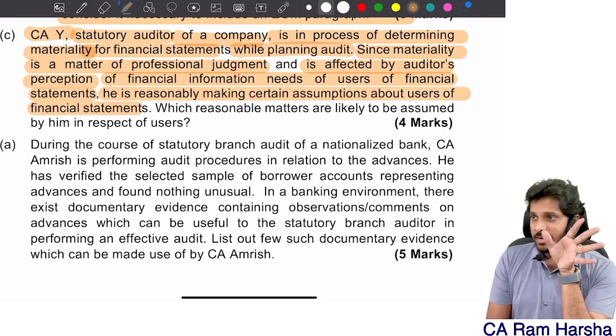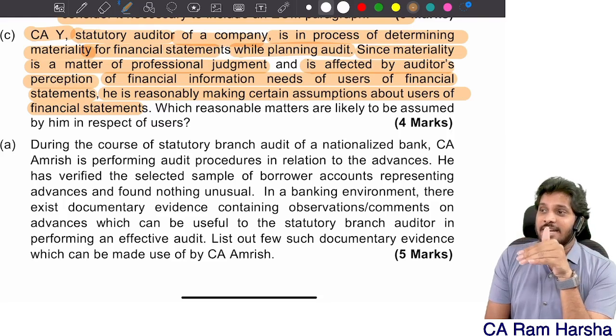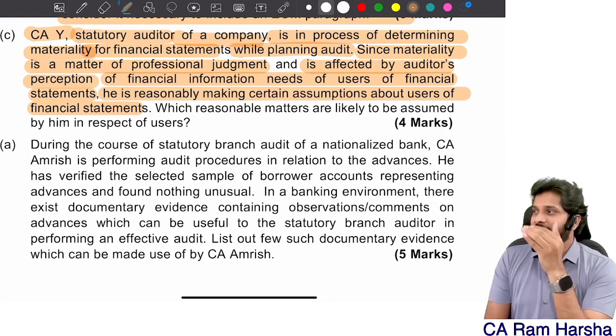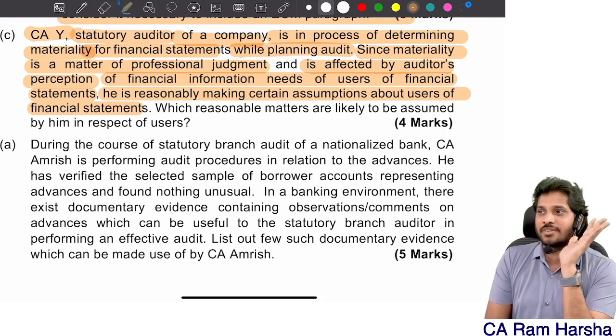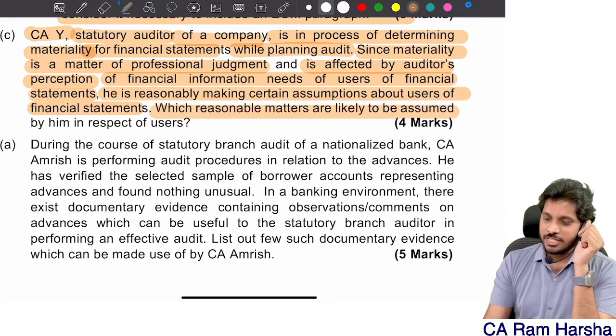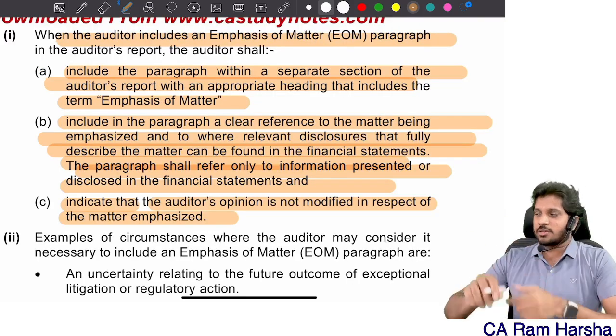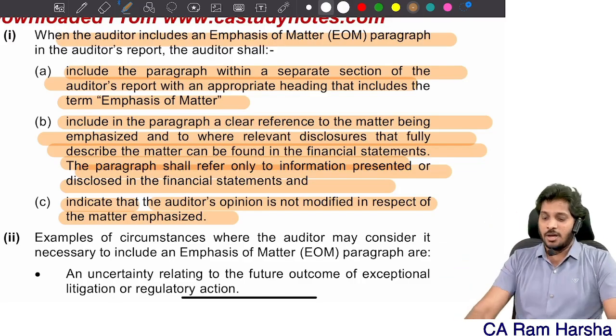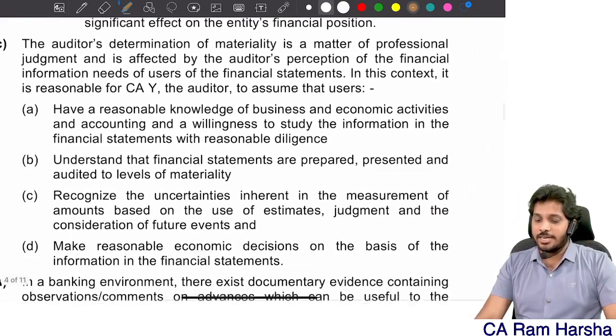When determining materiality, we can make certain assumptions about users. What assumptions can we make? Shall I assume users don't know anything about financials, or that users know the principles of financials? We have a question on this, the second or third question in the materiality topic. What assumptions can the auditor take?